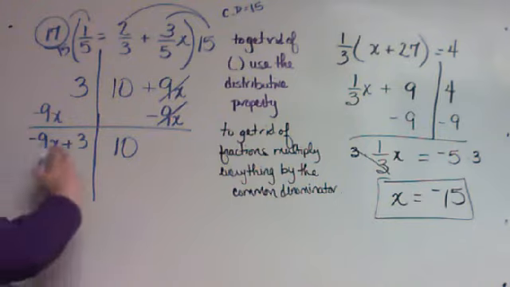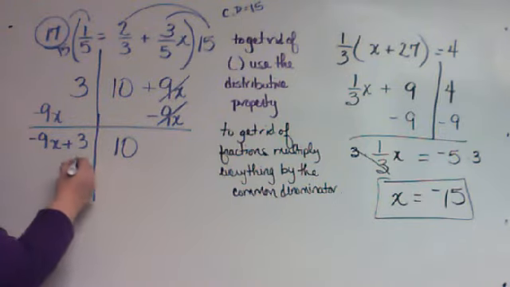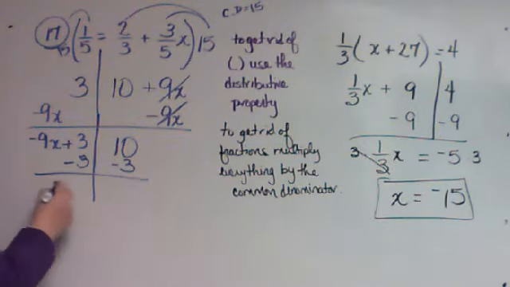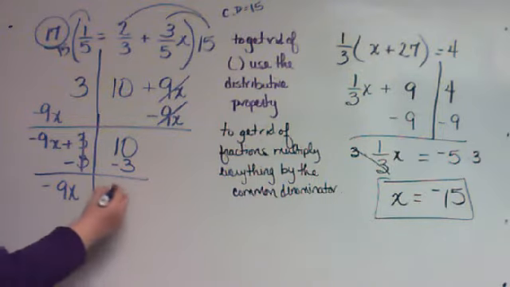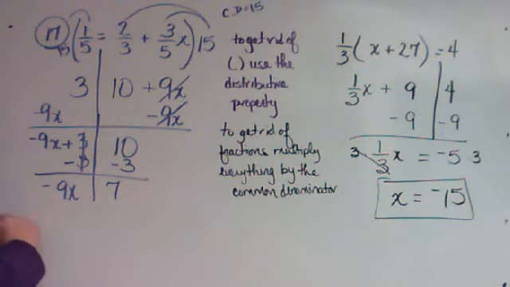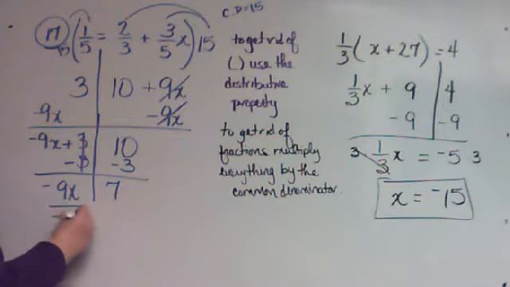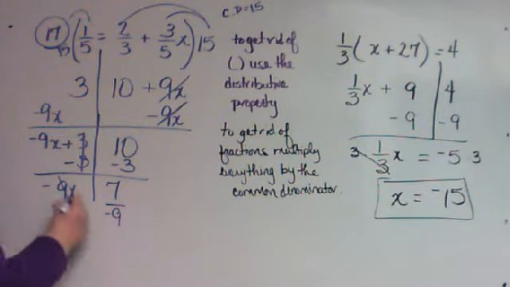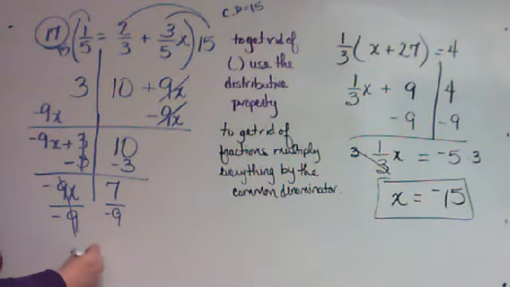Now I need to get all my numbers on the right hand side. So I'm going to subtract 3 from both sides. Negative 9x equals 7, and divide by the number in front of the letter. X is equal to negative 7 over 9.